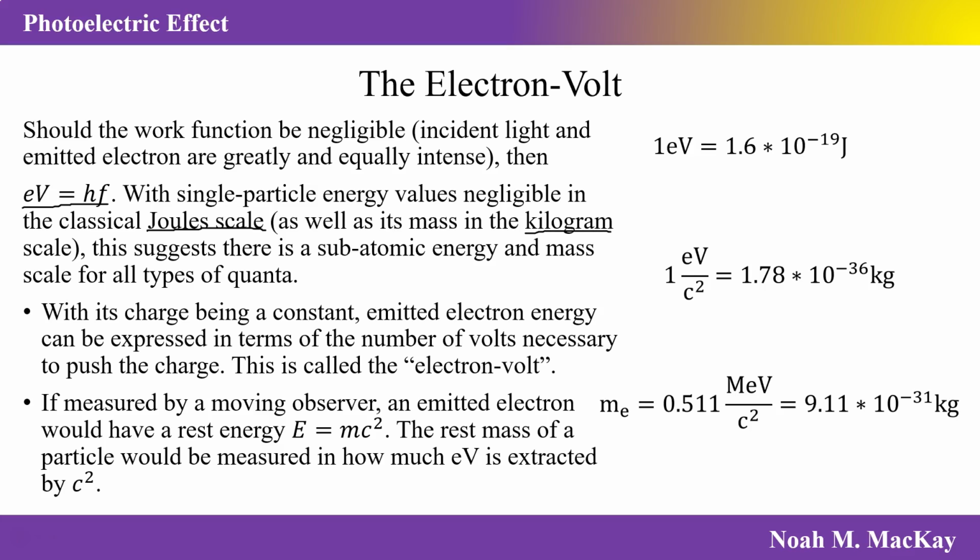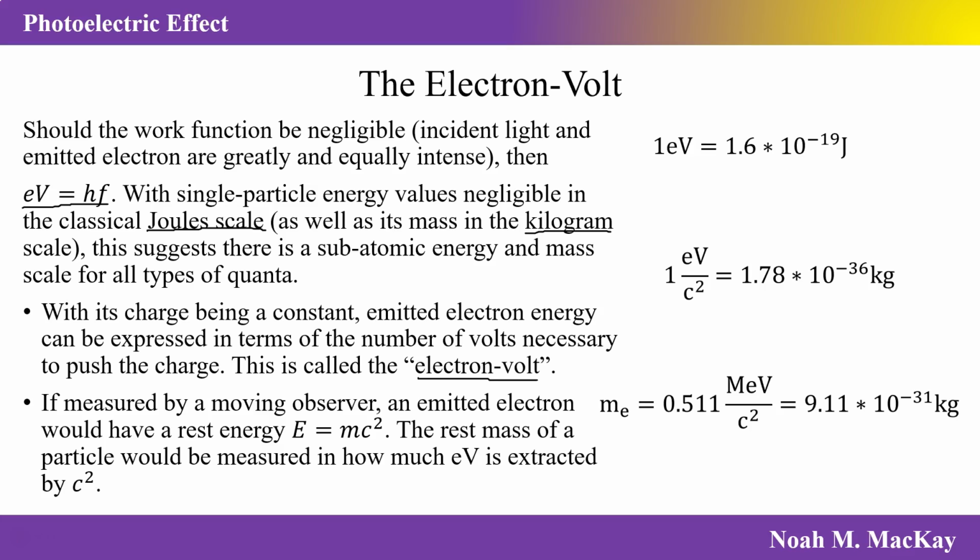This unit is called the electron volt. Considering that the charge of the electron is a constant, the energy propelling the electron is the amount of volts pushing that charge.